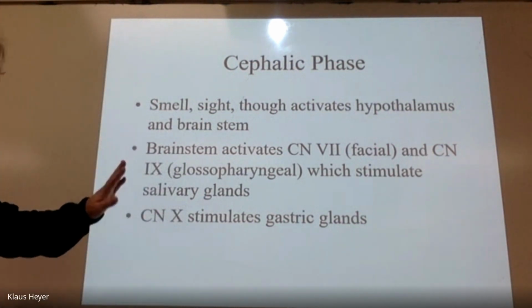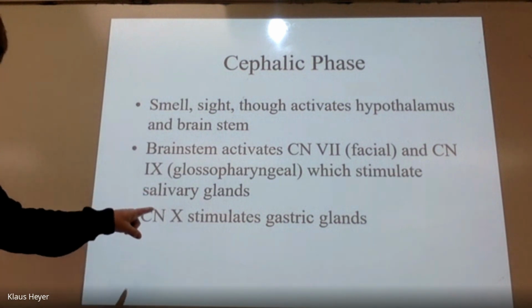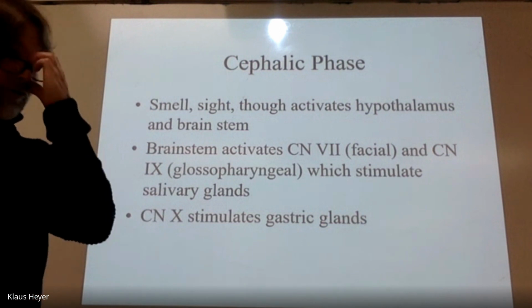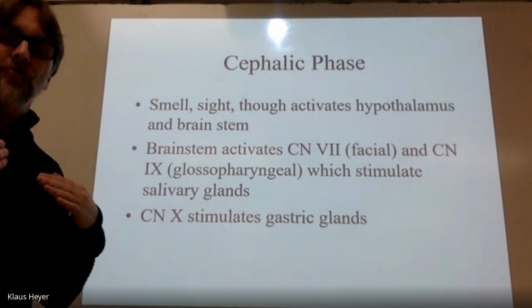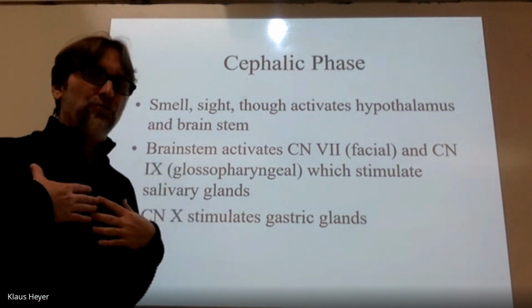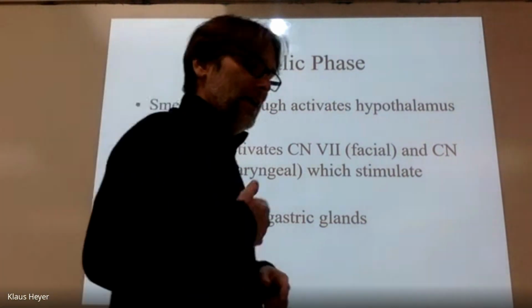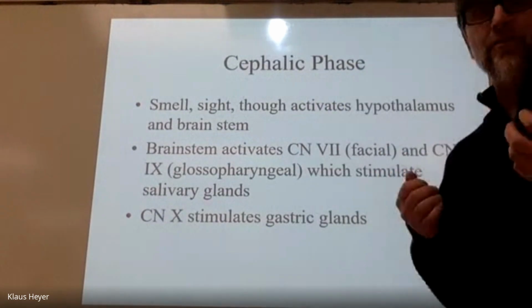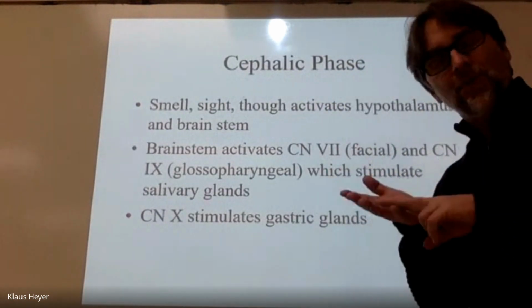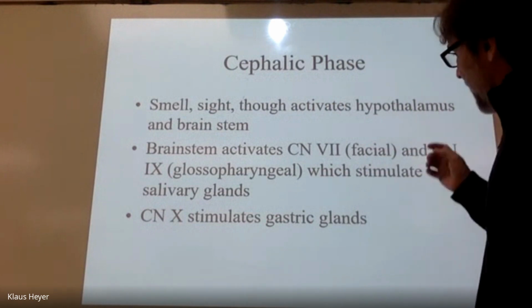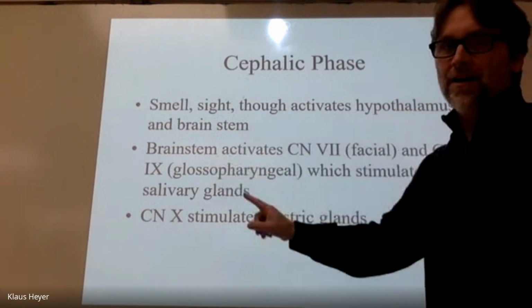And then the last nerve, the vagus nerve, cranial nerve 10, that's the only one of those 12 cranial nerves that goes down past the shoulders, right? So that one's going down to your stomach, and it's going to cause the cells in your gastric pits to secrete mucus and to secrete gastric fluid. So you've got 3 different nerves that go down, 7, 9, and 10.